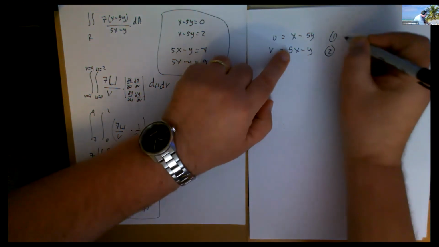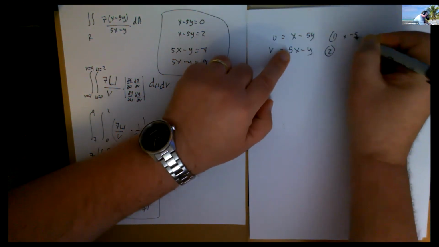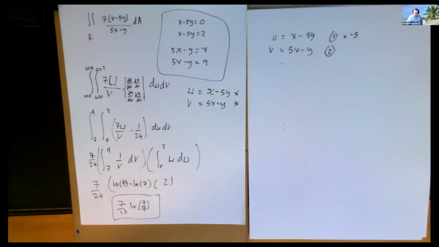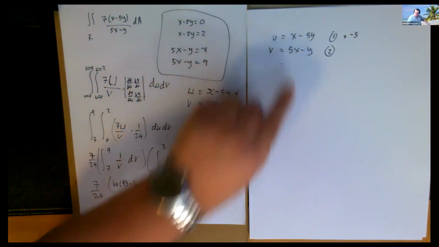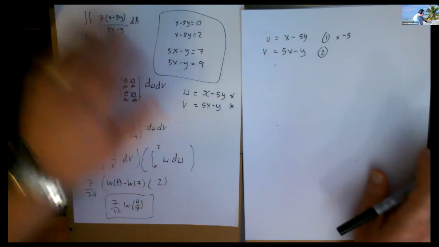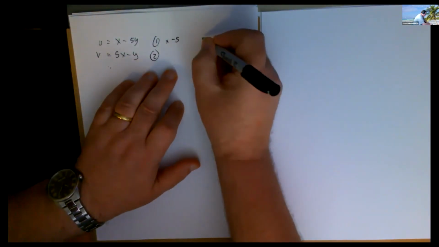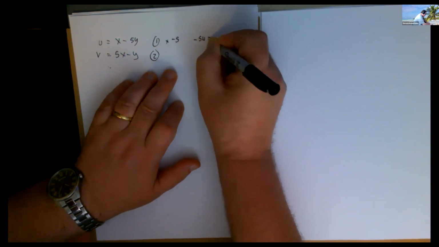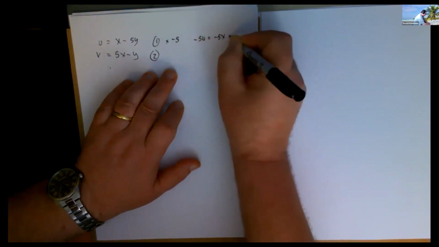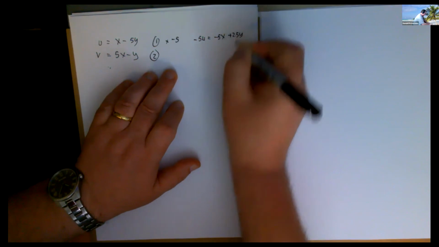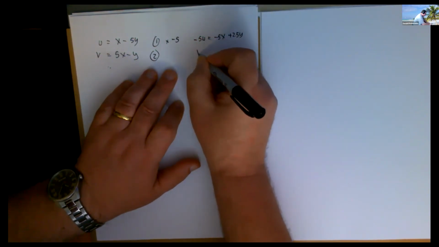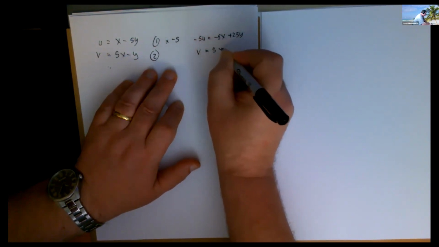What I would do is, wouldn't you multiply this equation by -5? The top one. Yeah. Now, the reason why you want to do that by -5 is so that it becomes -5u, -5x, plus 25y. And then I'm going to leave the second equation totally alone.